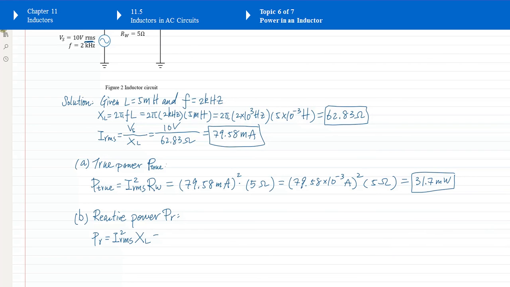That is 79.58 milliampere squared times 62.83 ohm. Use calculator. I got 397.9 milliwatt.